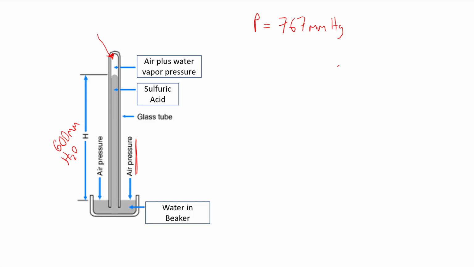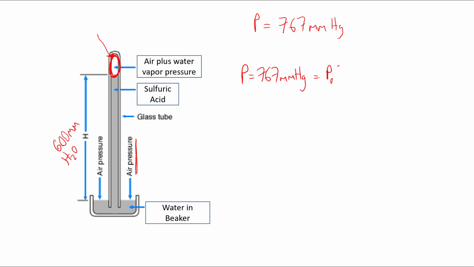So what we have in this red area is the air pressure. There's going to be some air presumably left inside this particular tube, plus the water vapor pressure. What we have to think about here is that the pressure, 767 millimeters of mercury, is equivalent to the pressure of the air in this tube.